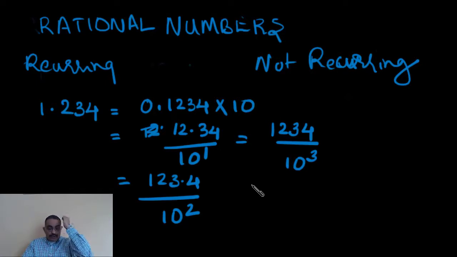We can keep going. But what is important to understand is the fundamental principle behind it: this 10 to the power of x in the denominator or multiplication can move this decimal point to the right or to the left.